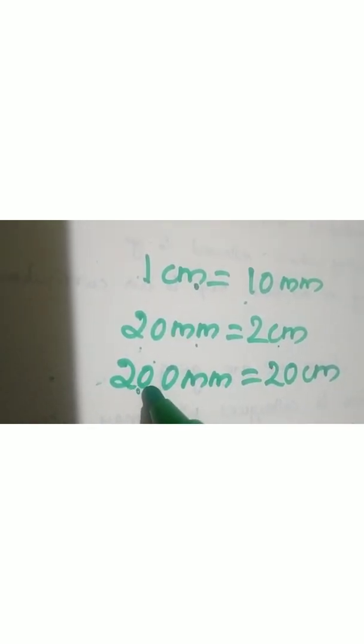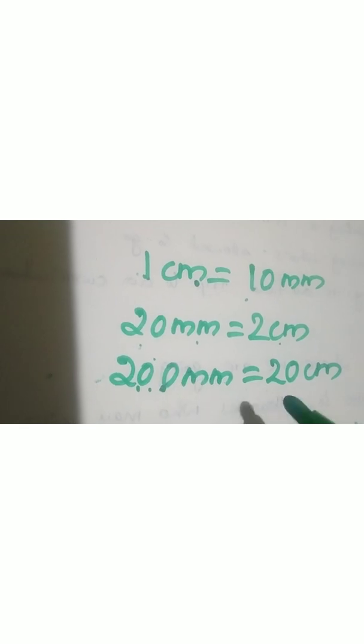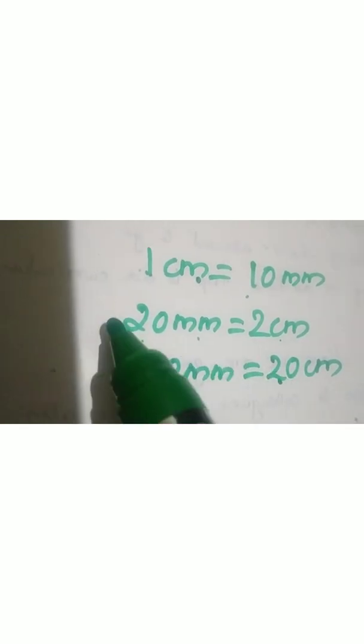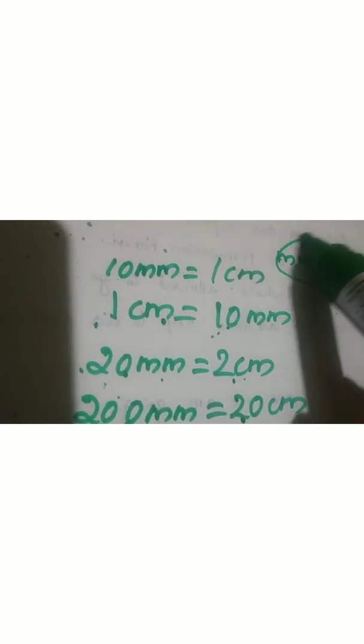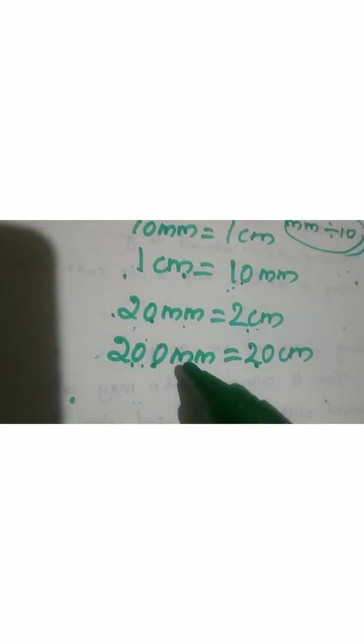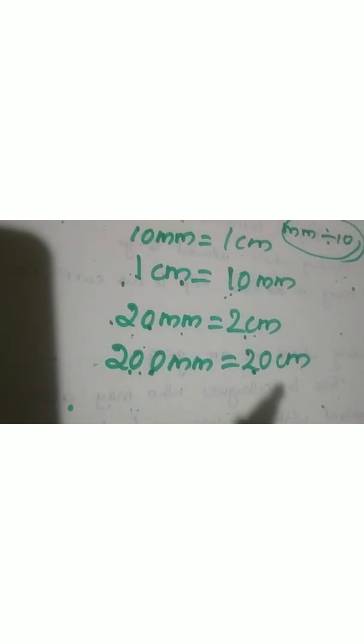Actually, we are dividing this by 10. 200 divided by 10, that is 20. 20 divided by 10, 2. 10 divided by 10, 1 itself, that is 10 millimeter is equal to 1 centimeter. So actually we can divide millimeter by 10, we will get centimeter. Okay.